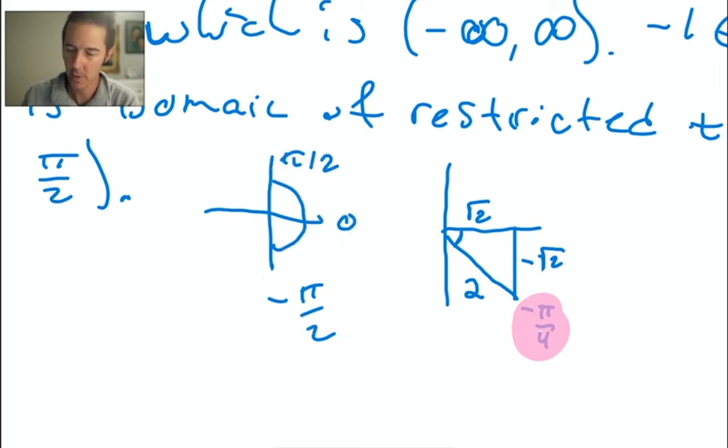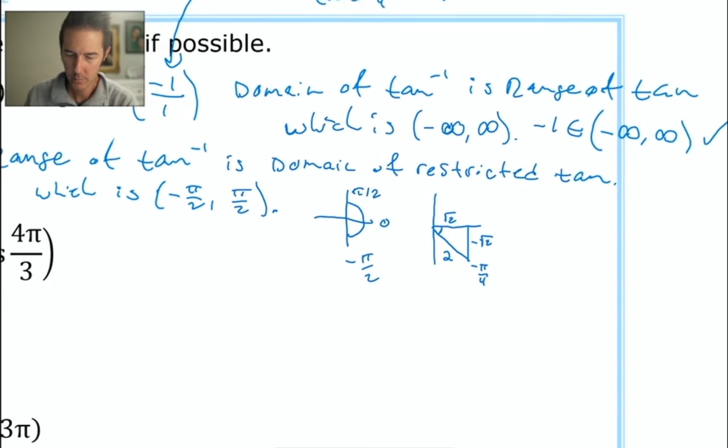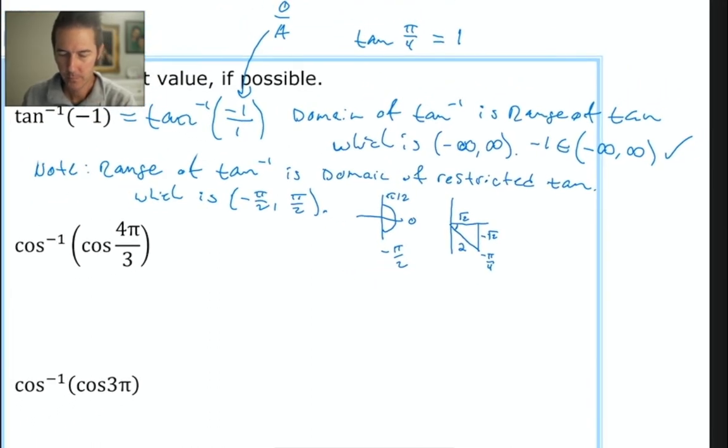So that's why I'm not describing it that way. So the answer to my question, the inverse tan of -1 is -π/4.